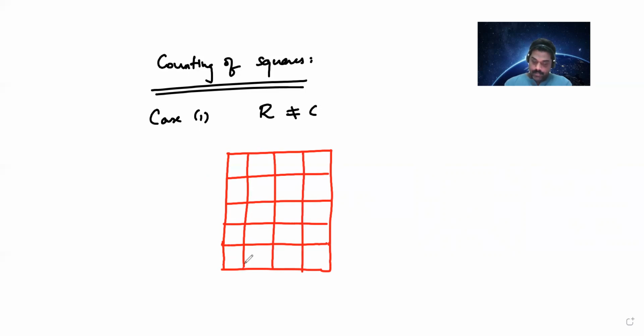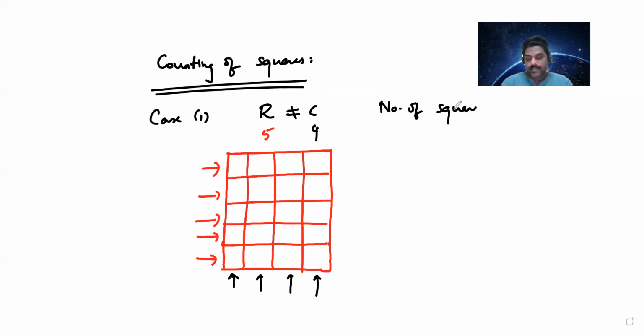Right? So my number of rows is 5 and my number of columns is 4. So how do you find the number of squares?